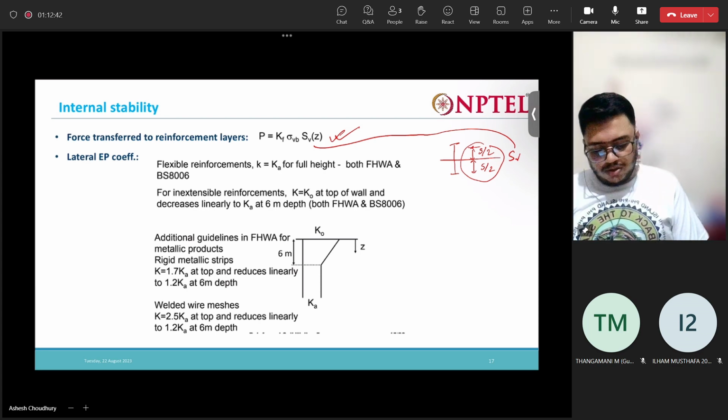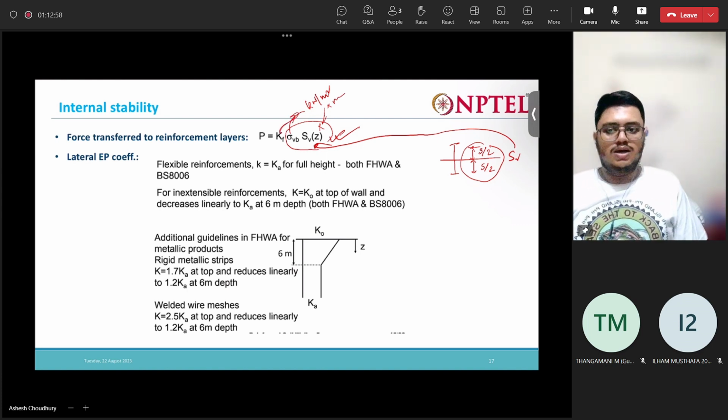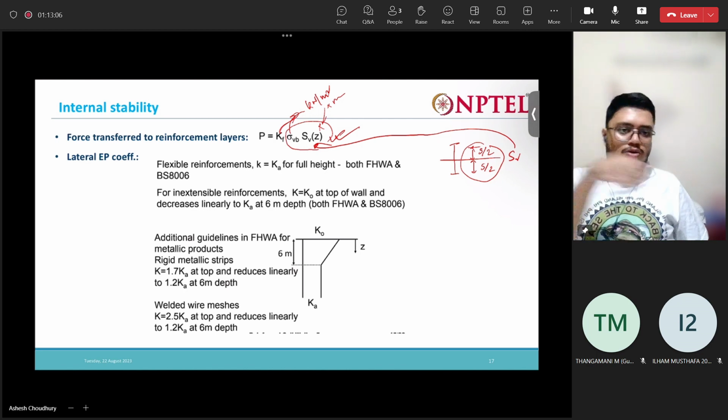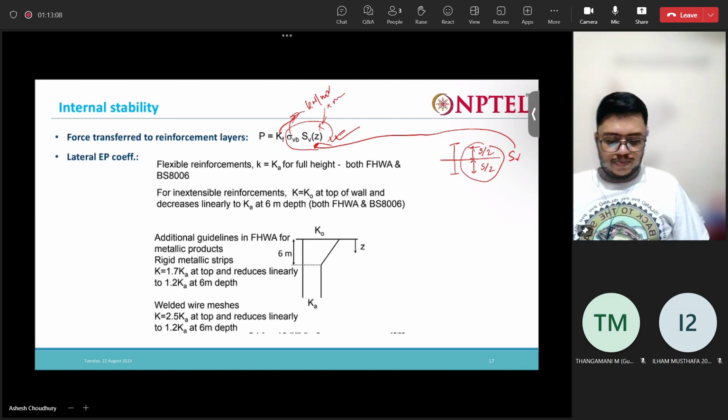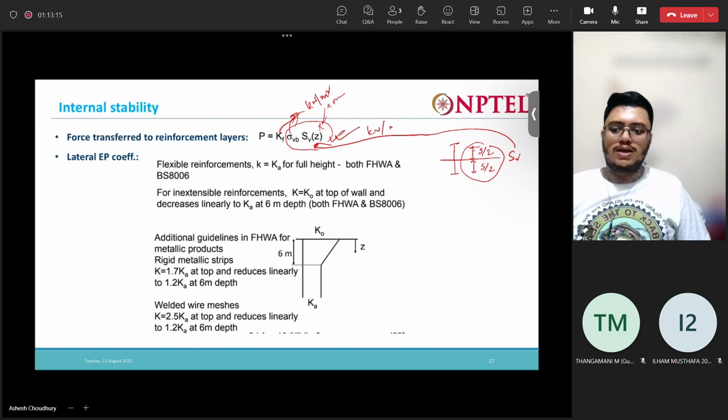The vertical load will be in kilonewton per meter square, this spacing will be in meters, and this coefficient has no unit. This is how we are converting the vertical loads into horizontal loads. All right, so this will be in kilonewton per meter. So every calculation is per meter length of the wall.